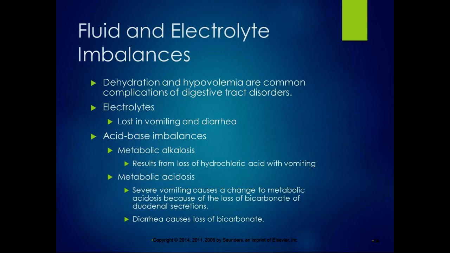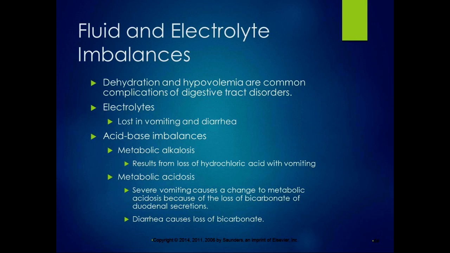Back last quarter we talked about fluid and electrolyte imbalances. Dehydration and hypovolemia, which is decreased blood volume, are common complications of digestive tract disorders because electrolytes are lost in vomiting and diarrhea. Acid-base imbalances, metabolic alkalosis and acidosis, can result from prolonged vomiting.